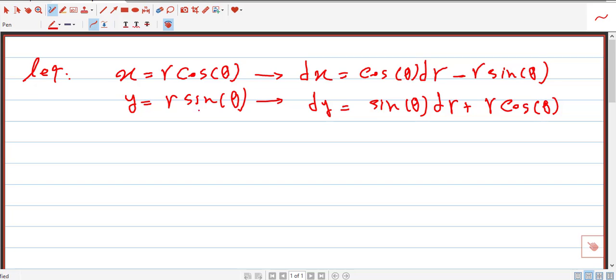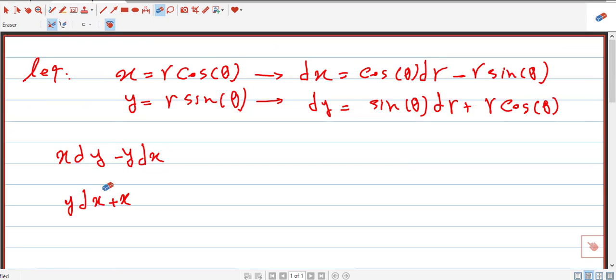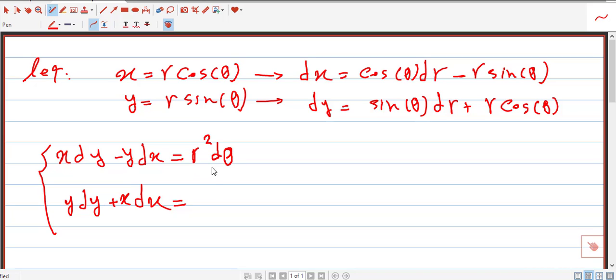So if we replace x and y and also dx and dy in these two phrases, x dy minus y dx, and also x dx plus y dy, we have r squared d theta, and also we have r dr. You can replace these and prove this equation. This is the exercise for you.